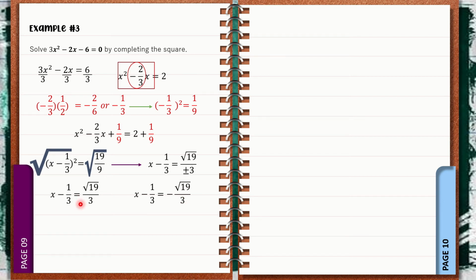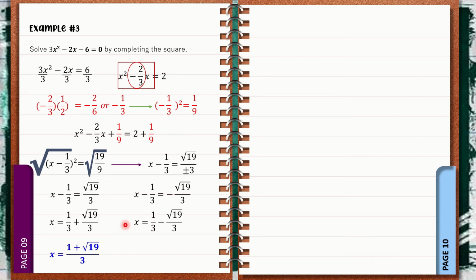Let's start with this. Applying the addition property of equality, simply transpose negative 1/3 to the right side. We have x is equal to 1/3 plus the square root of 19 over 3, or x is equal to 1 plus the square root of 19 over 3. Next, transpose negative 1/3 to the right side.